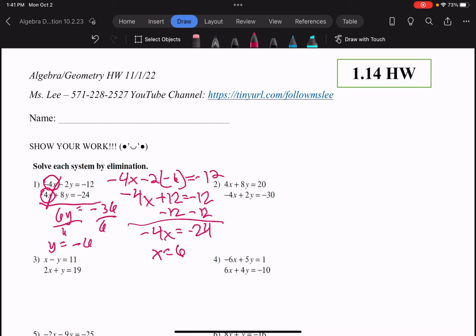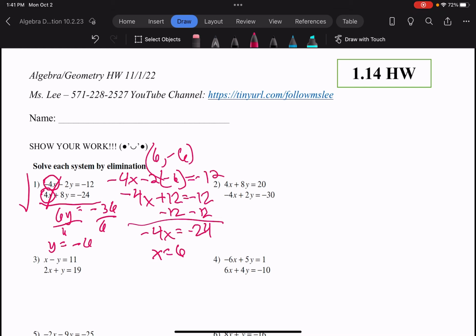And I can plug those back in and say I get negative 24 plus 12, that gives me negative 12. I know that works out. I get 24 plus negative 48, that gives me negative 24, so we know that this is our answer, 6 comma negative 6.